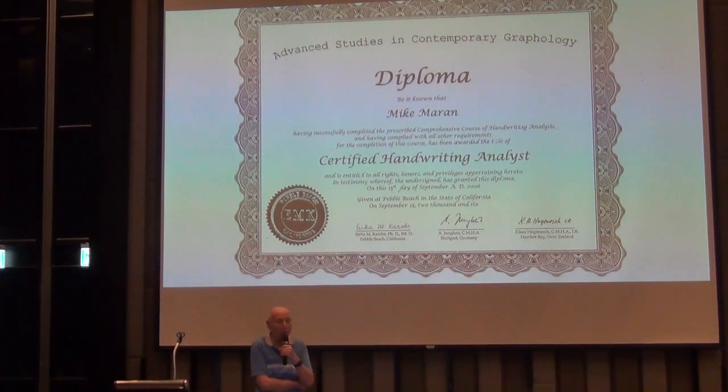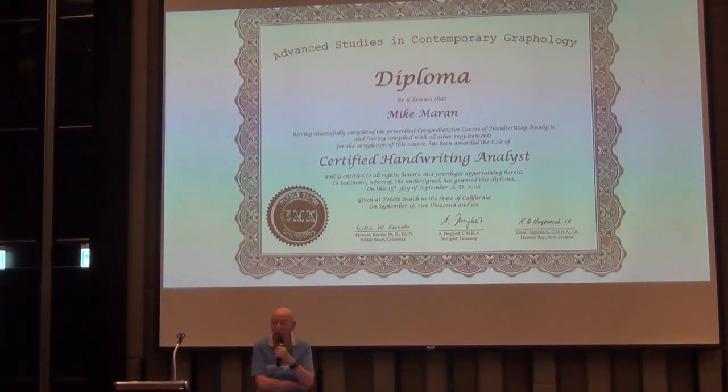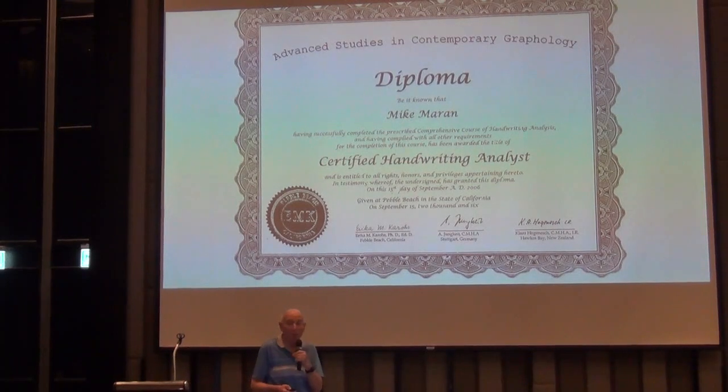So the two organisations I'm a member of is the Scientific Association of Forensic Examiners, and the other one, the International Association of Document Examiners. So it's a very limited field, and there's no training institutions that do these sorts of things, but you need to have some sort of credentials behind you if you're going to court and arguing or looking at somebody's signature, which may involve millions of dollars.